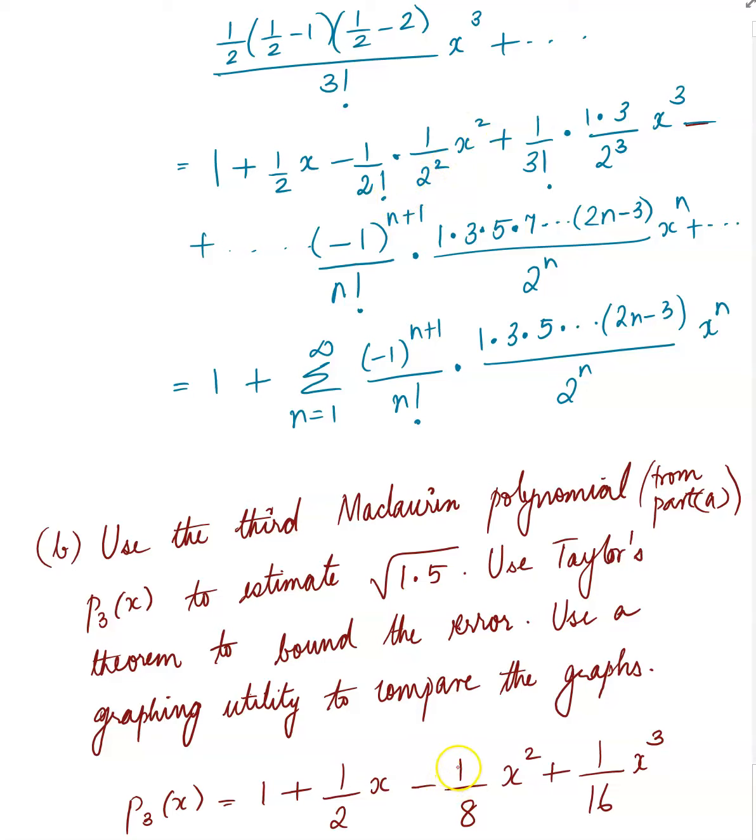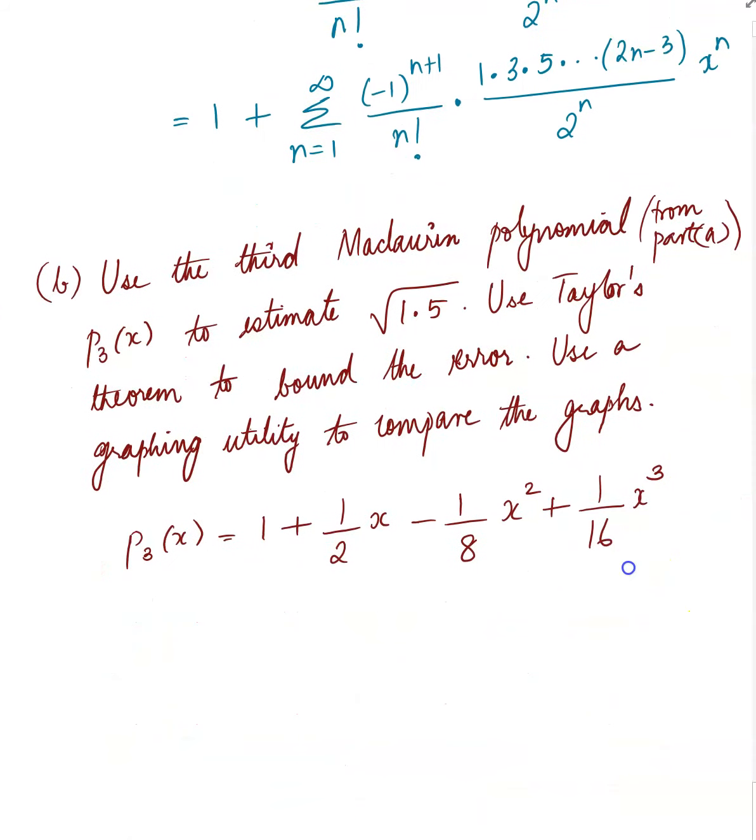So that's what we have here, negative 1 over 8 x squared. And for the third one, the 3 factorial would be 3 times 2 times 1, so that's basically 3 times 2, and that 3 and the 3 on the top will cancel off. So there'll be a 2 in the bottom. So 2 times the 2 cubed is 2 power 4, which is 16, and that's what we have, 1 over 16 x cubed. So we wanted to find P3, and we went up to the one we needed for P3.